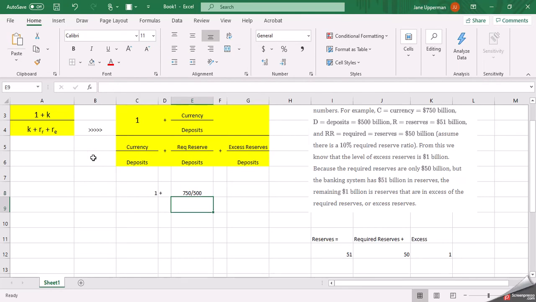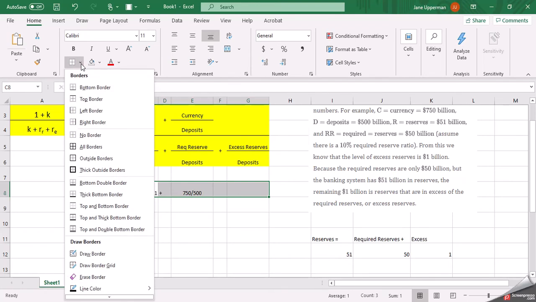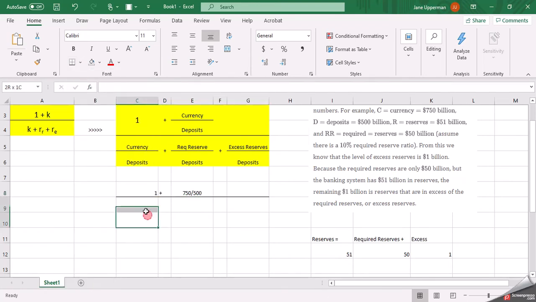Then all of that is going to go over the top, over our currency over the deposits. That's the same thing that we had above.